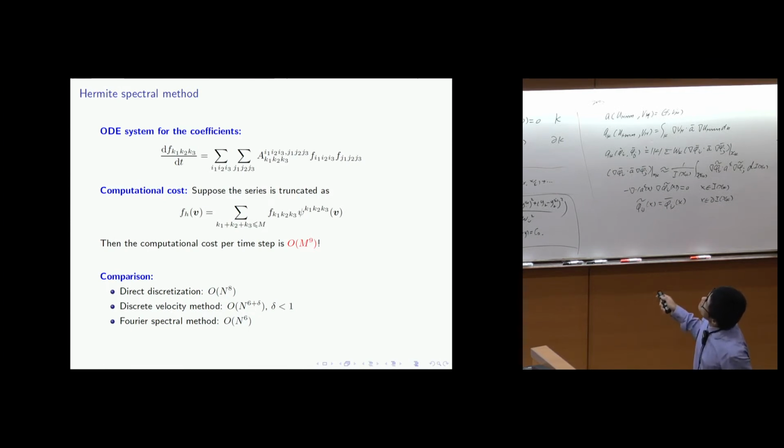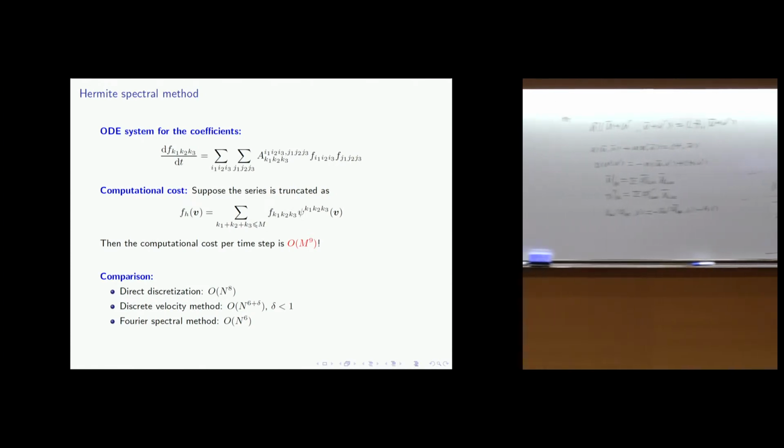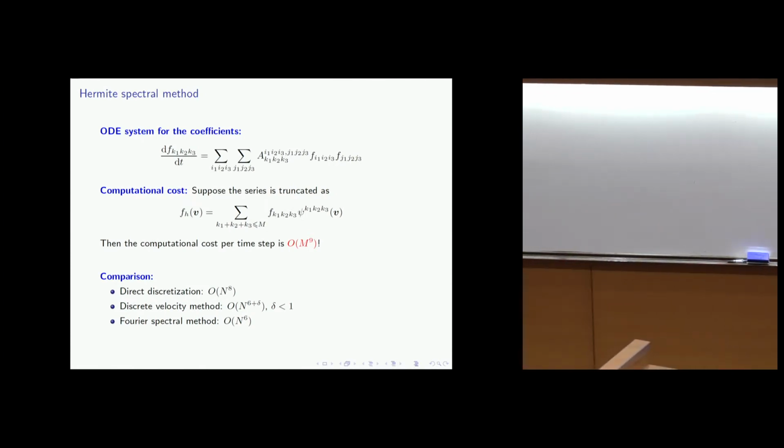You have 9 indices for these coefficients: I1, I2, I3, J1, J2, J3, K1, K2, K3. So you can imagine that the computational cost of this right-hand side is O(M^9). Here I have an M because I need to do truncation, just like in all spectral methods. I truncate at M, so the computational cost is like this.